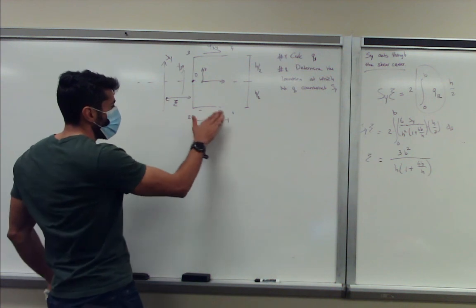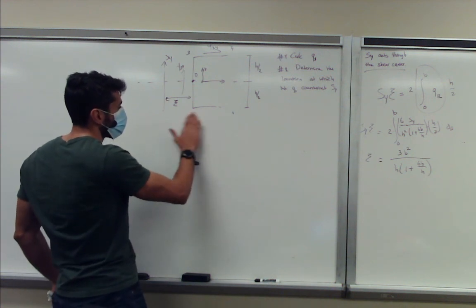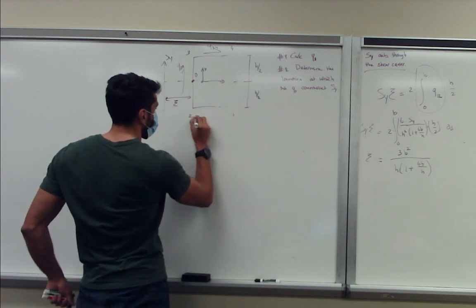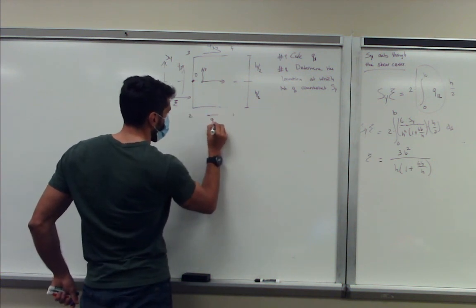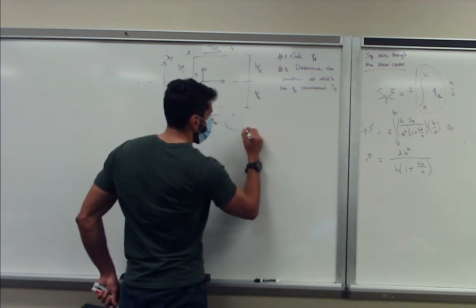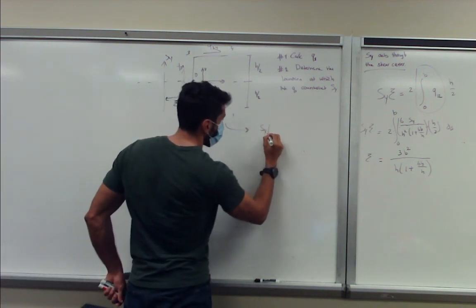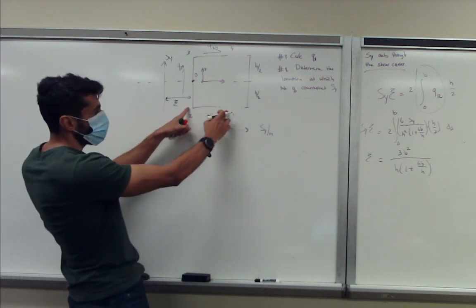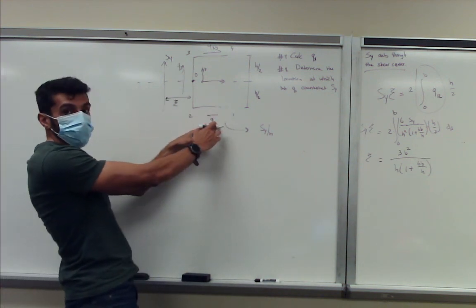Because we know that the shear flow between 1 and 2 was our shear force per unit length. So we multiply by the length it travels, but the shear flow is not constant.